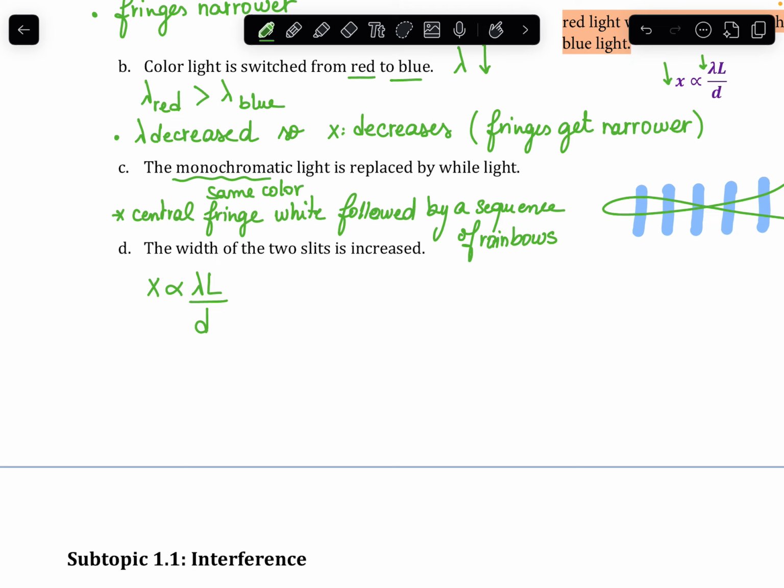This means that only the intensity of light emitted by the slits increases, but in terms of x, it stays the same.